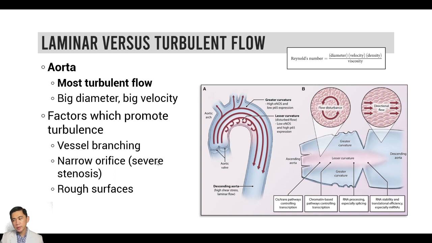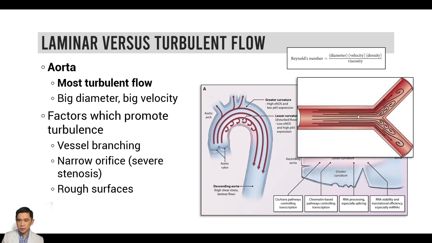In this figure on the right, we'll see why the aorta has a turbulent flow. First, it has branching. Second, it has a bend over here from the ascending to the descending aorta.